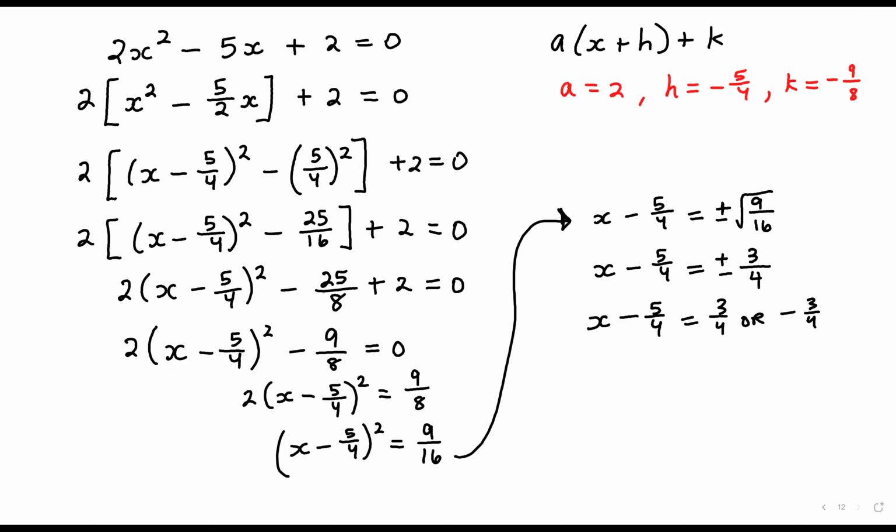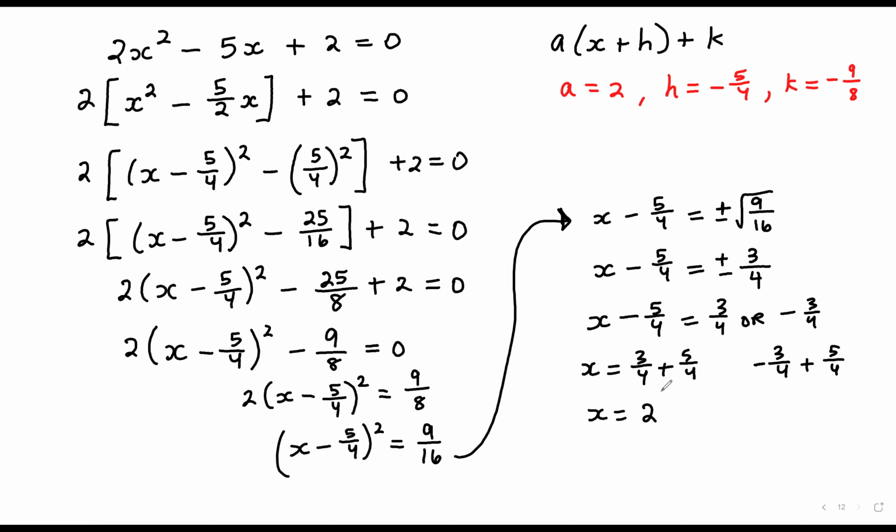So if it's positive 3/4, x will be 3/4 plus 5 over 4, which gives me 3 plus 5 is 8, and 8 over 4 is 2.